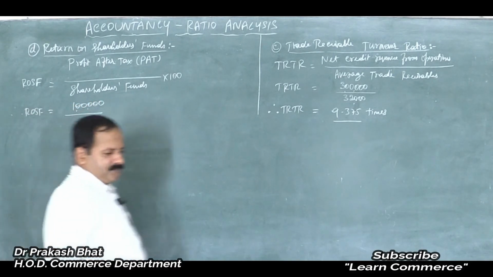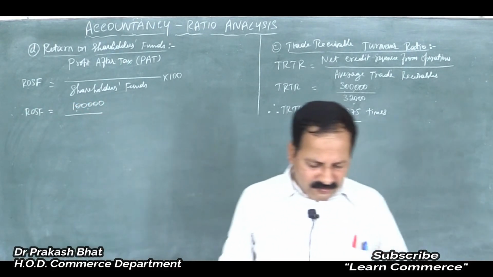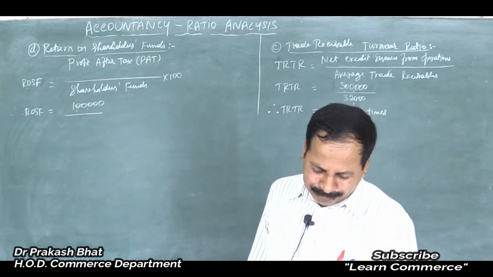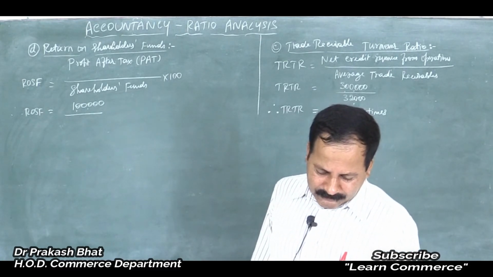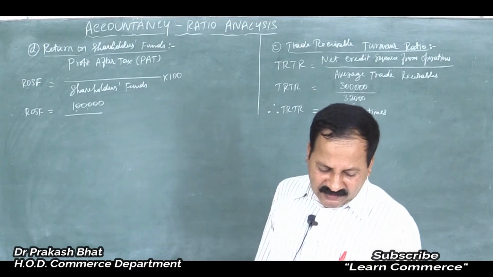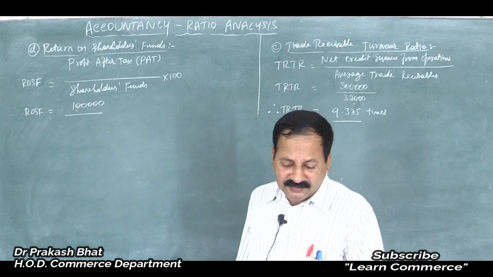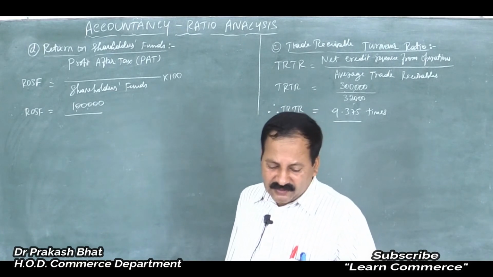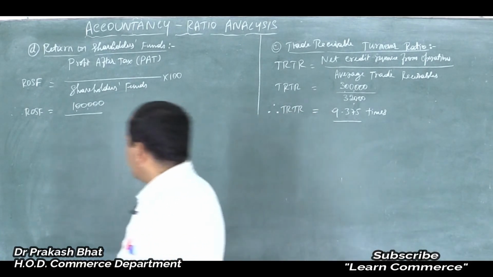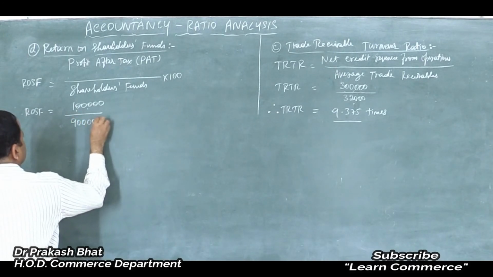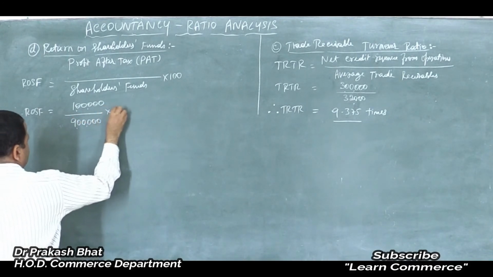Divided by 1 lakh, divided by shareholders funds, that is share capital 6 lakh, isn't it? Then profit and loss account is 3 lakh, that's all. So 6 plus 3, 9 lakh, into 100.